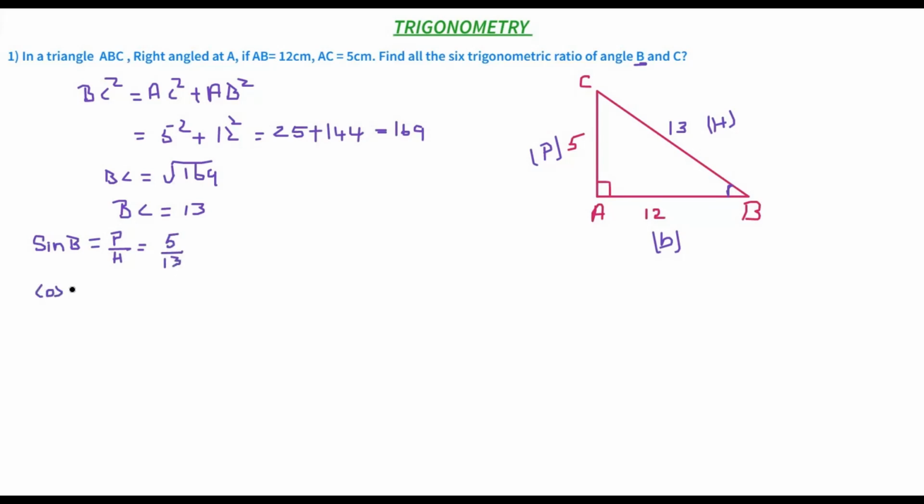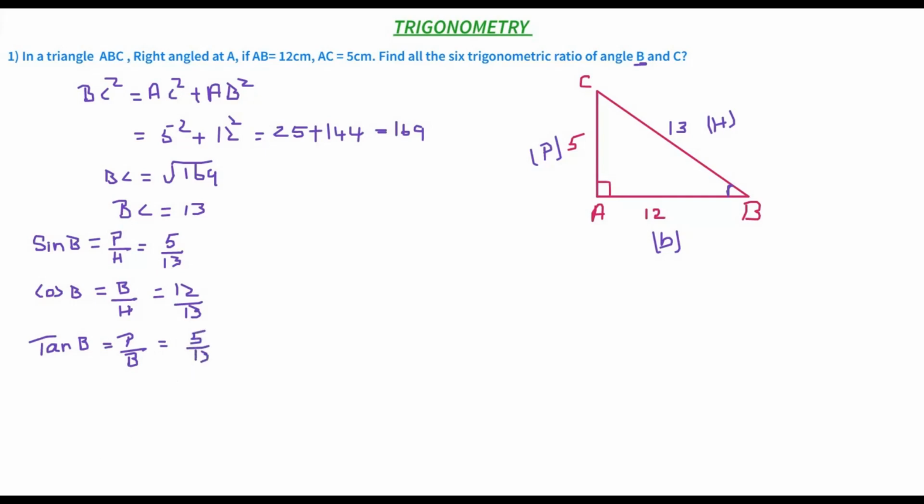Then cos B. What is cos B? Base by hypotenuse. So what is our base here? 12. 12 by 13. Then we are going to find tan B. What is tan B? Perpendicular by base. So tan B is 5 by 12.